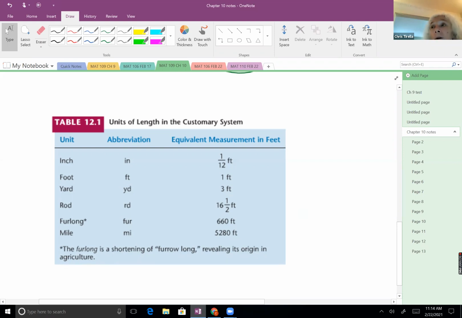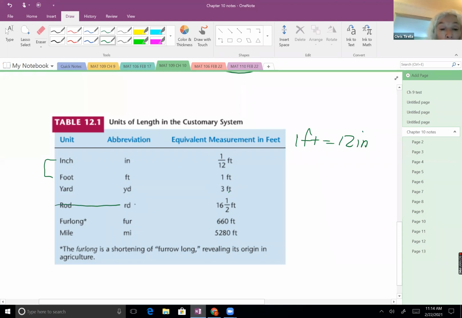So when we look at units, you're expected to know maybe not quite all of this table, but a large portion of it. Hopefully everybody is familiar with the relationship between inches and feet. Does everybody remember that 1 foot is 12 inches? In the same way, does everybody remember that 1 yard is 3 feet?